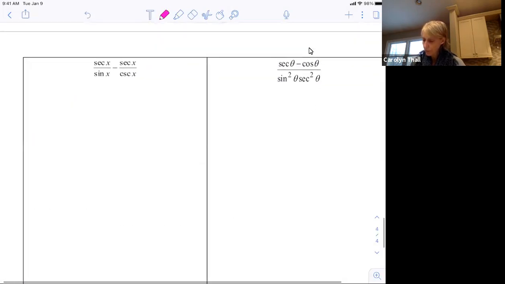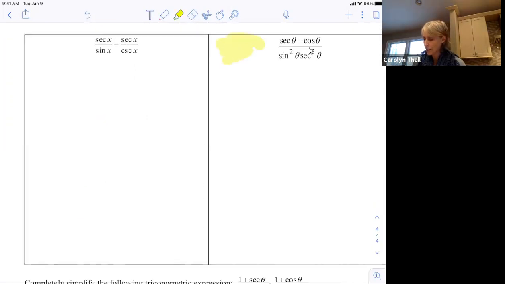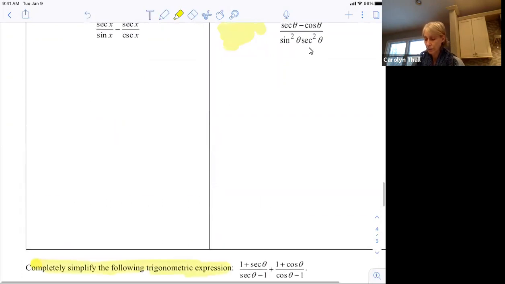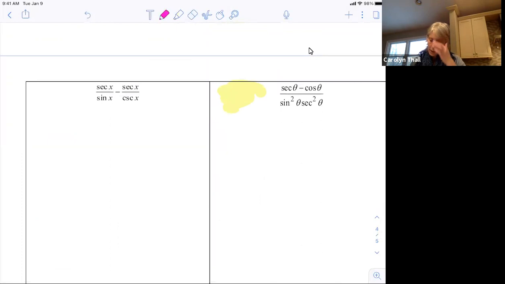I think we only have one more example to do together because we're going to leave this guy and this more complicated guy for you to try at home. Secant x minus cosecant x over sine x. So I have 1 over cosine all over sine. That's one of the fractions there.